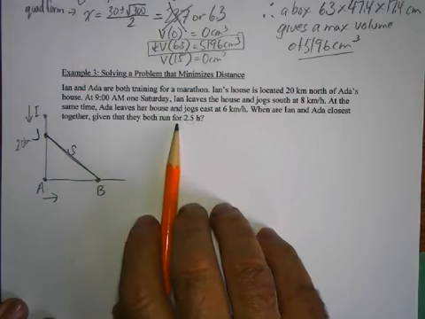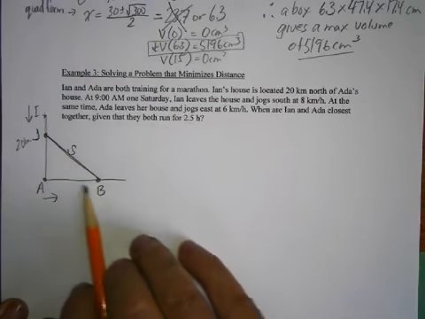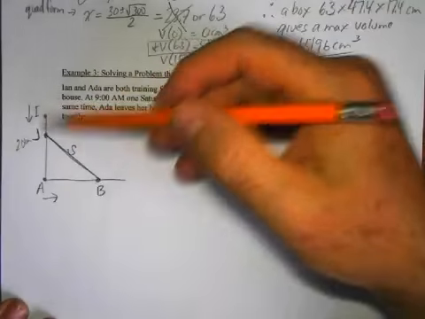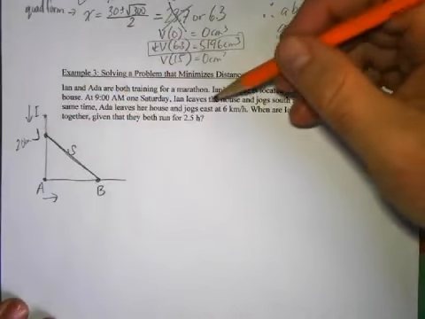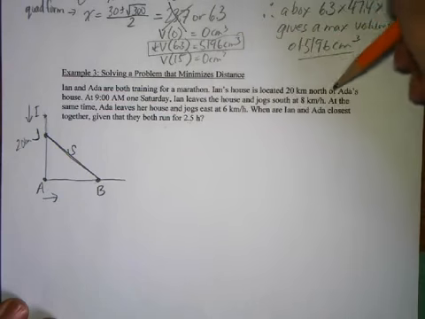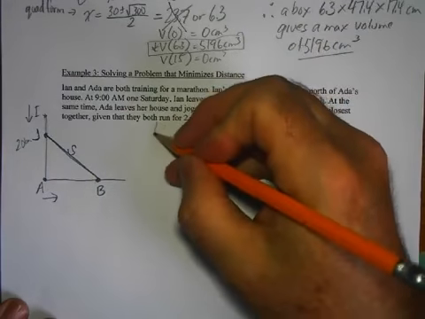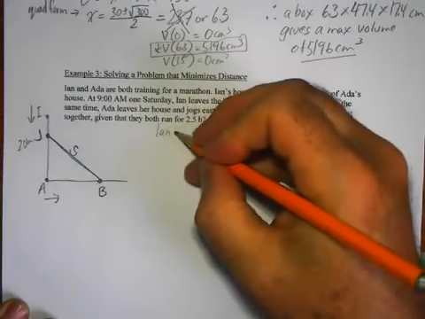So let's just say we don't know how long they ran for at this point. But if Ian jogs 8 kilometers per hour, and we're going to use the variable t, maybe we'll introduce our variable here.